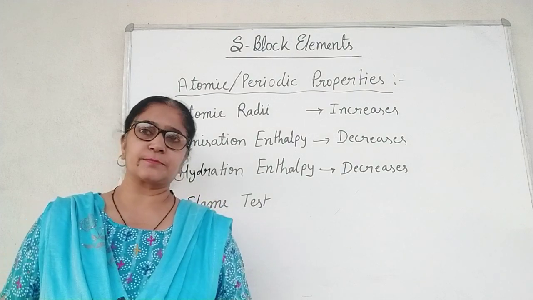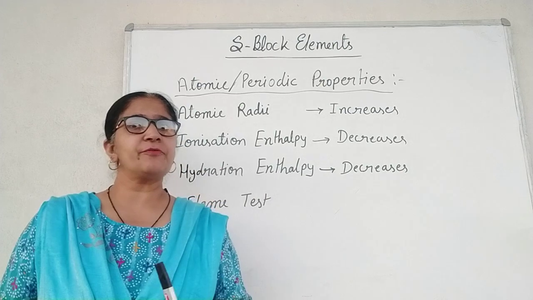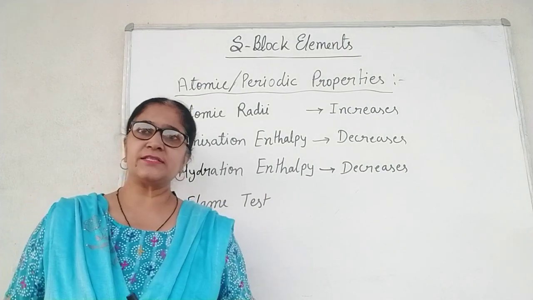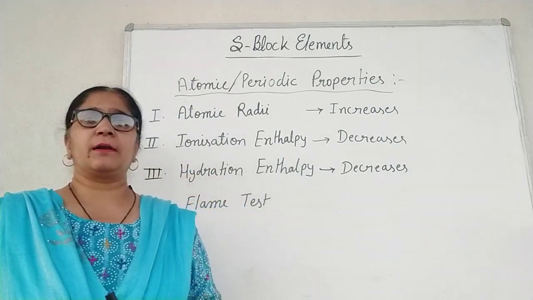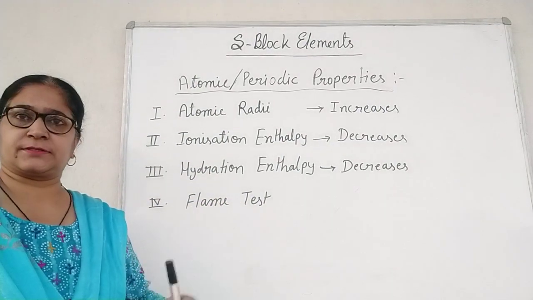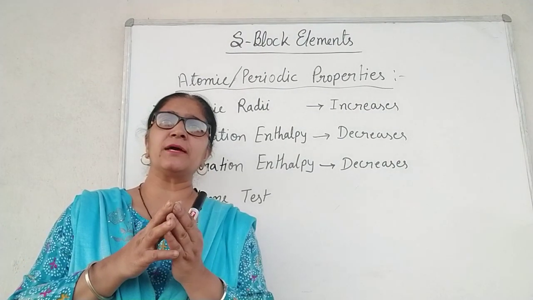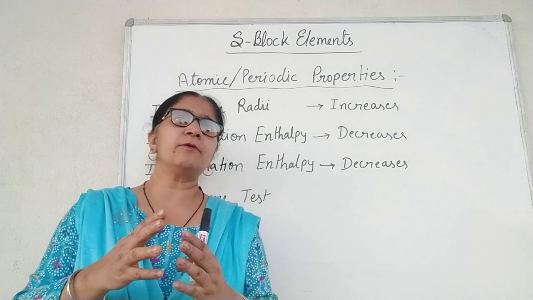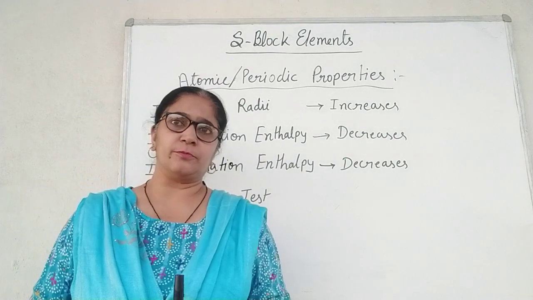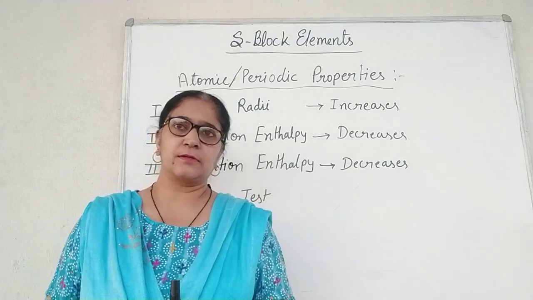How can we test for the presence of alkali metals in a particular sample? One simple and qualitative test is the flame test. If a small amount of a metal salt is held in a flame, characteristic color changes can be observed due to the movement of electrons.